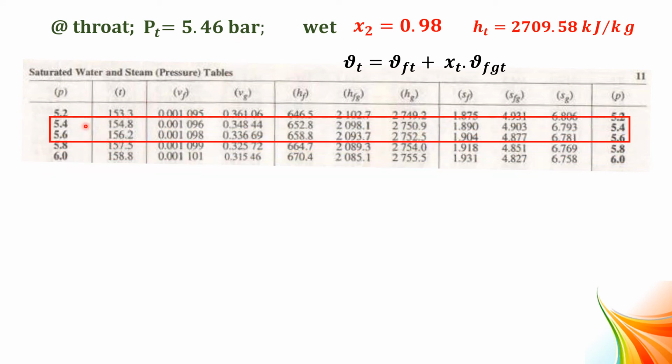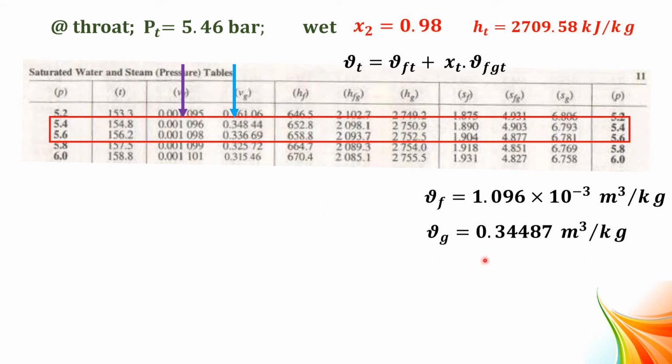Here also the 5.46 bar is not there, so we find the values of Vf and Vg by interpolation. So Vf equals 1.906 into 10 to the power minus 3 meter cube per kg, and Vg, by interpolating these two values, we get Vg equal to 0.34487 meter cube per kg.